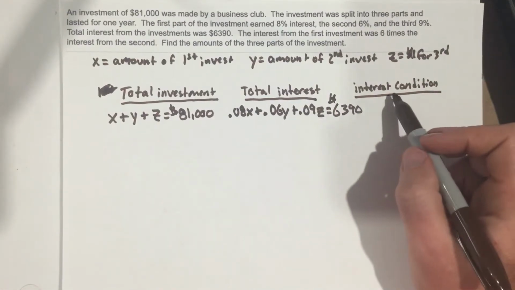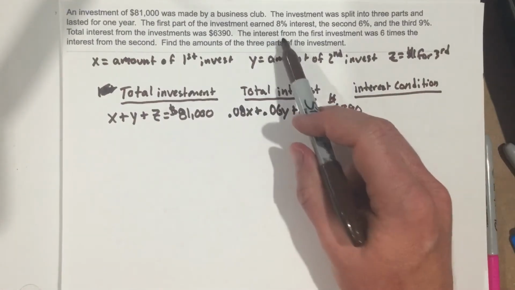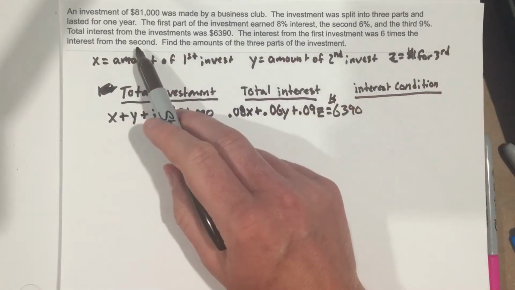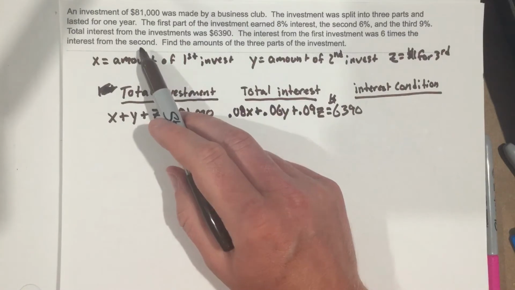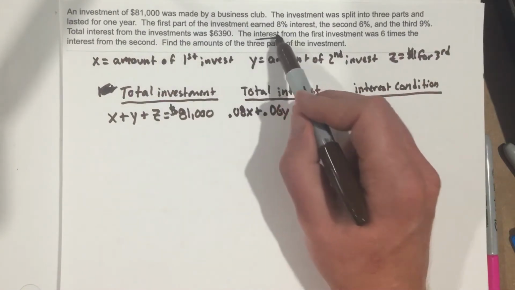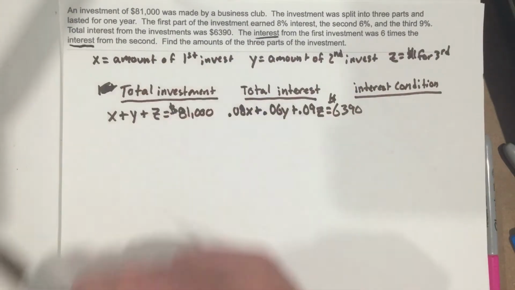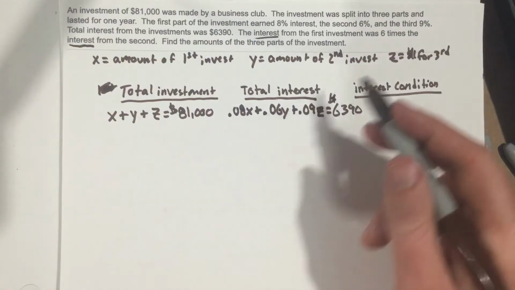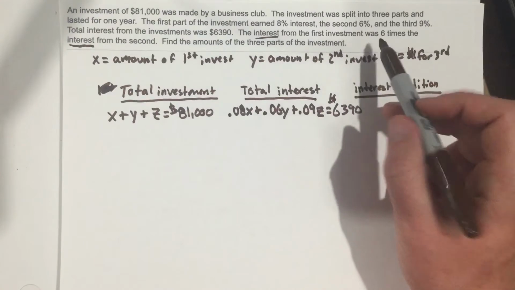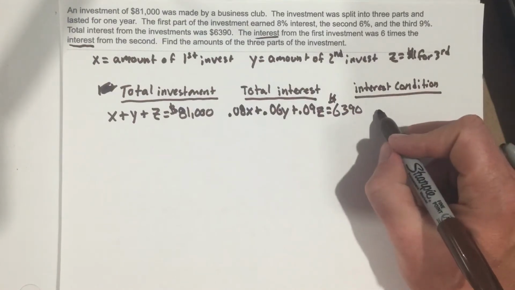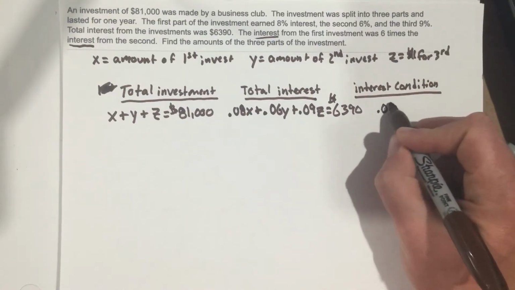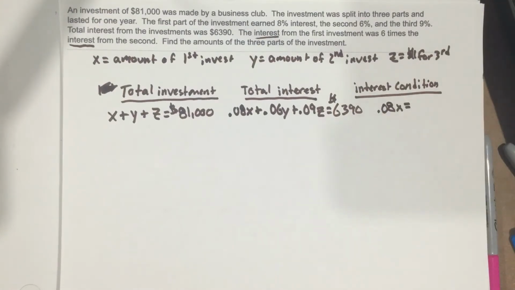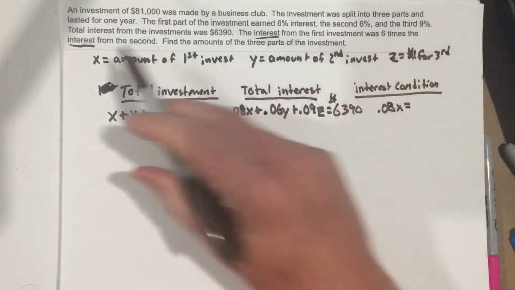The interest condition now, that one's a little bit more difficult. It says the interest from the first investment was 6 times the interest of the second investment. Now it's talking interest, not amount invested. So that means we got to actually use percentages in this problem. So we know the interest from the first investment, 0.08x, is going to equal 6 times the interest of the second investment.